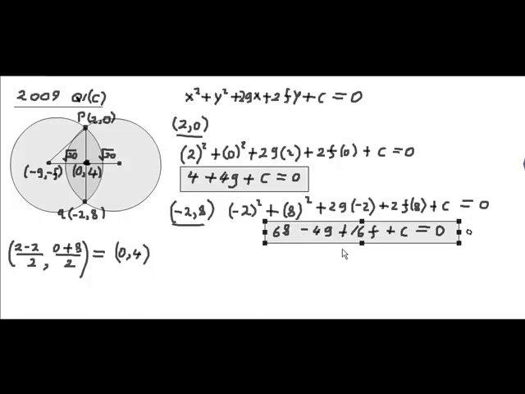So we need to use the final piece of information we were given. The piece of information that we haven't used yet is this distance here, root 20, between (-g, -f) and (0, 4). That's the distance formula.